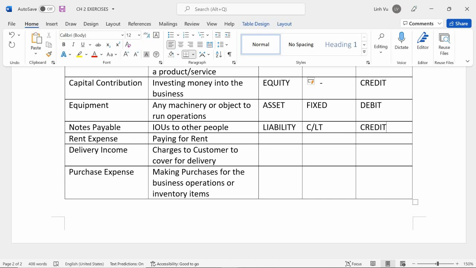Okay. And then let's see, what about rent expense? Okay, paying for rent. Asset. No, it is not an asset. You don't own the rent. Expense. It's an expense. Good.